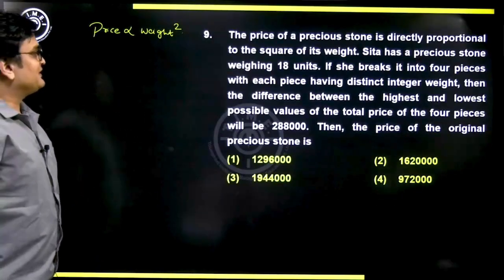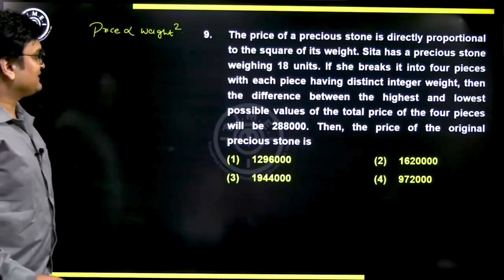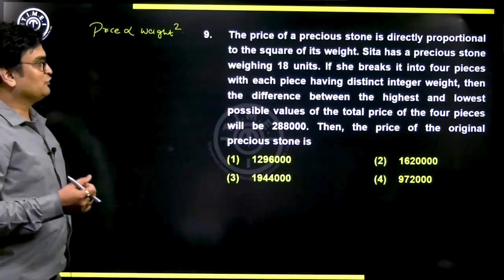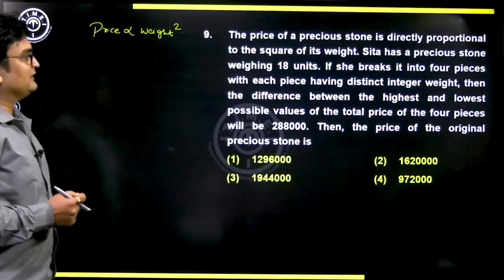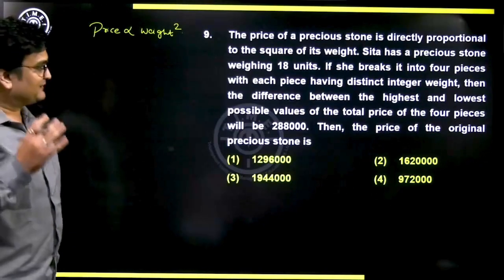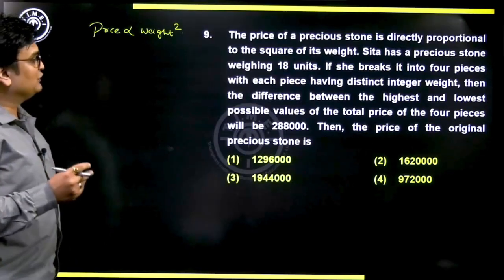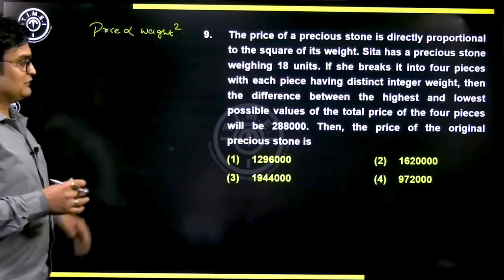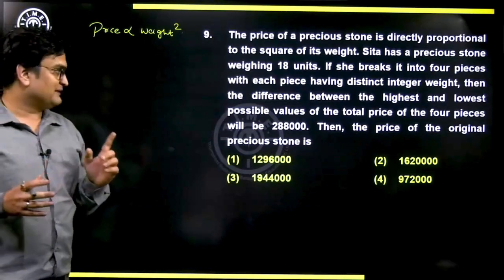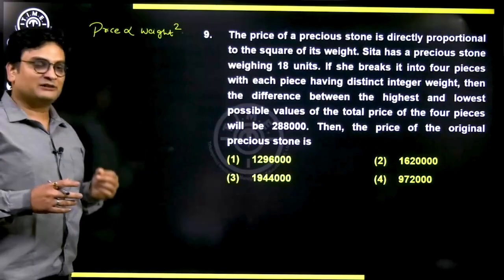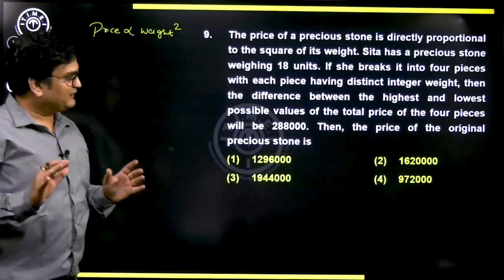Sita has a precious stone weighing 18 units. If she breaks it into 4 pieces with each piece having distinct integer weight, then the difference between the highest and the lowest possible values of the total price of the 4 pieces will be 2,88,000. Now let's try to understand this very carefully.